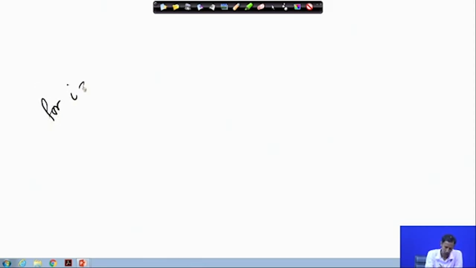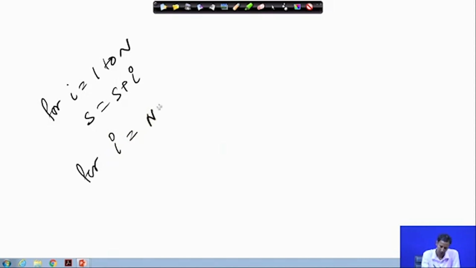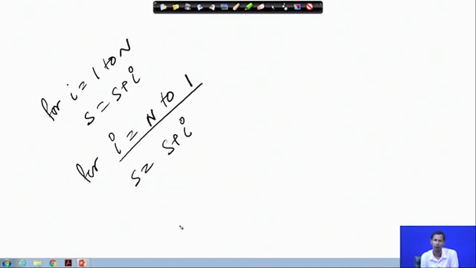For I equals 1 to n, S equals S plus I. Instead of that, if I change the logic like this, for I equals n to 1, S equals S plus I. What I need here is not an incremental circuit, or up counter, that is increased by 1 in each clock cycle.